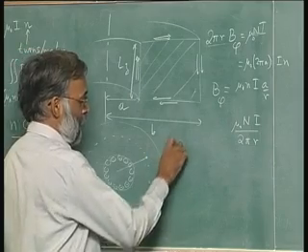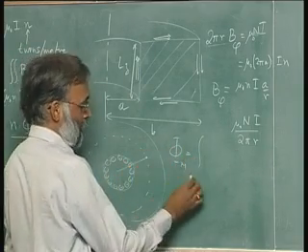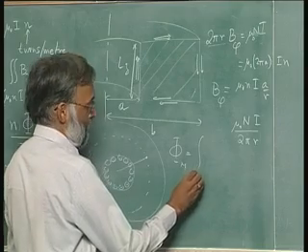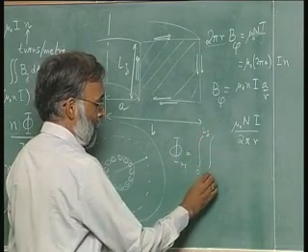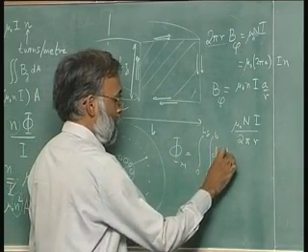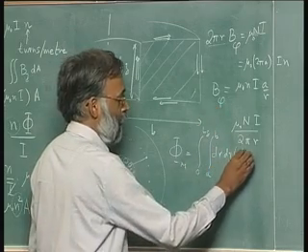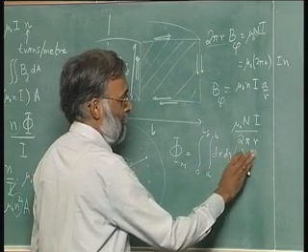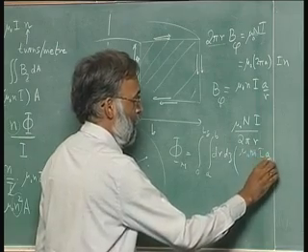So, phi magnetic is equal to the surface integral of z going from say 0 to Lz, r going from a to b, dr dz of B phi, which is mu naught n I times a over r.